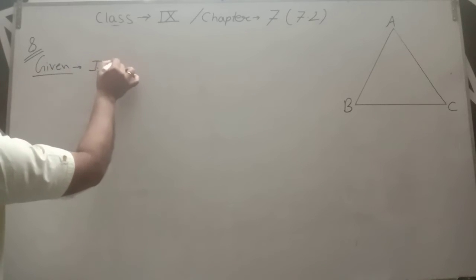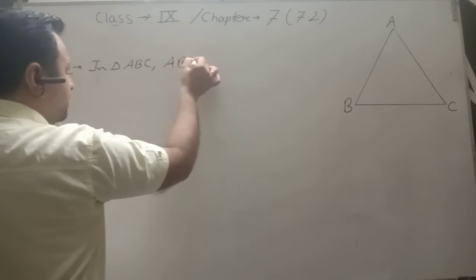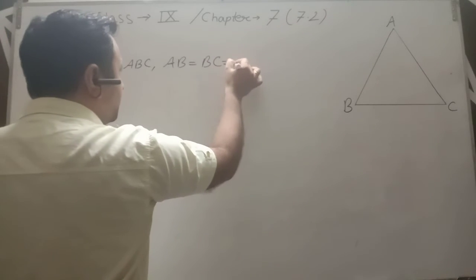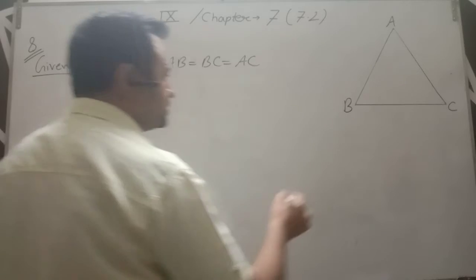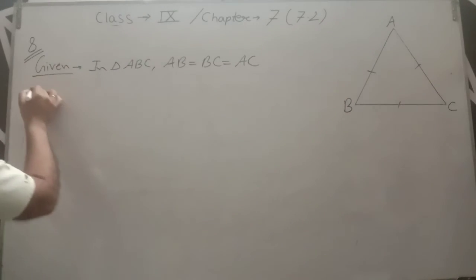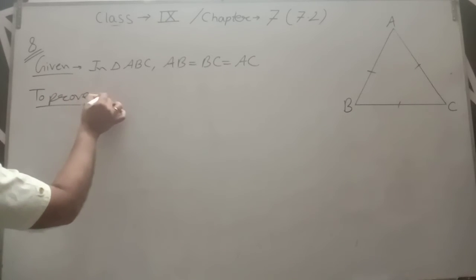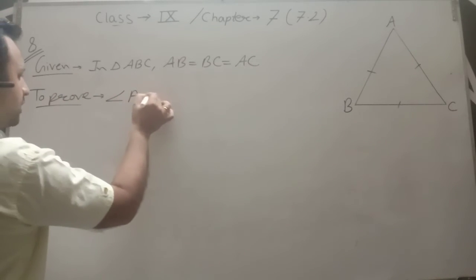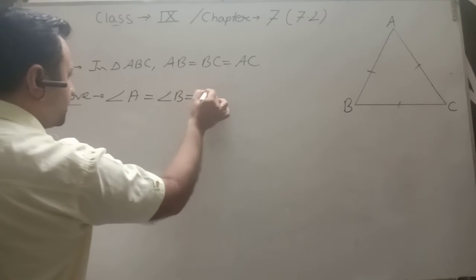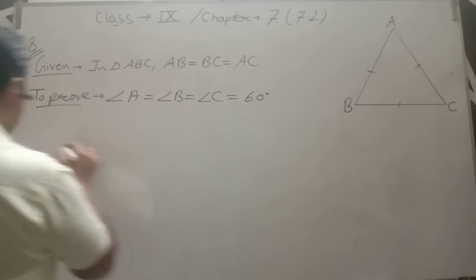In triangle ABC, AB, BC and AC, all three sides are equal. And to prove, we have to prove angle A, angle B and angle C, each angle is 60 degrees. Proof.